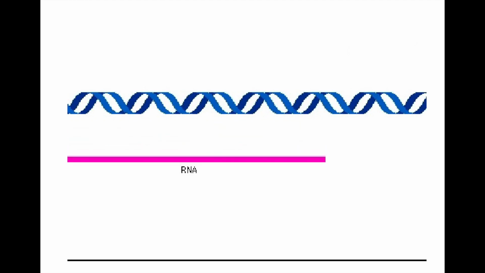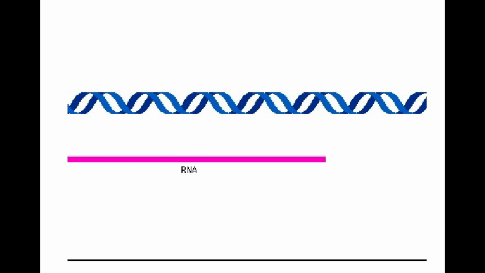Okay, so remember, transcription is how you take the information that's in the DNA and copy that information over into mRNA. Now, in order to do that, you need an enzyme that can make an RNA copy of the DNA. And there is an enzyme, and honestly, that enzyme should be fairly easy for you to remember.